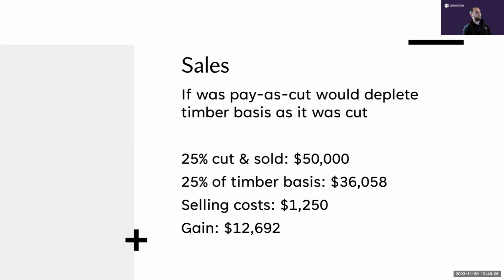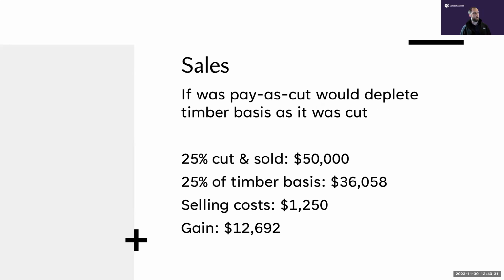Maybe another common scenario would be a pay-as-cut scenario, where we're not cutting everything at once, but over time, maybe every couple of months or over a year or so. We're just going to deplete the timber basis as we cut it. In this particular instance, I said roughly a fourth was cut, so 25%.